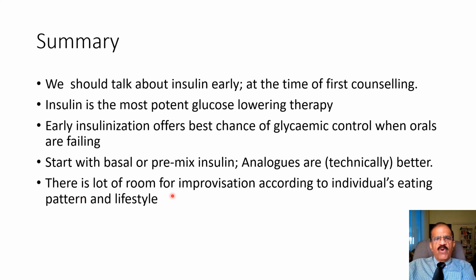There's a lot of room for improvisation according to the individual's eating pattern and lifestyle. No one size fits all. Every patient poses a different challenge, so you could improvise an insulin regimen for that particular patient.